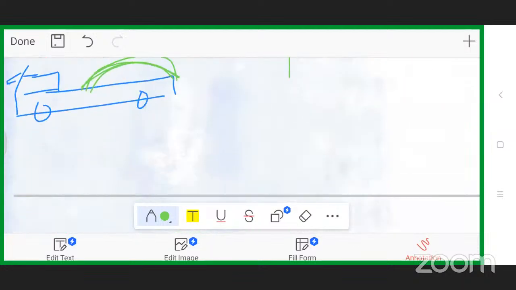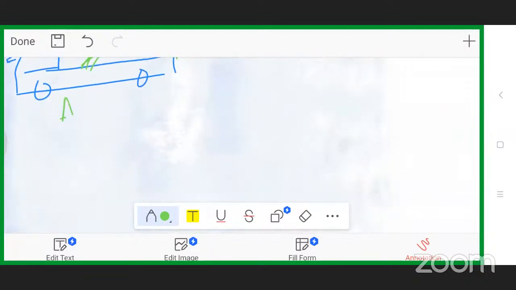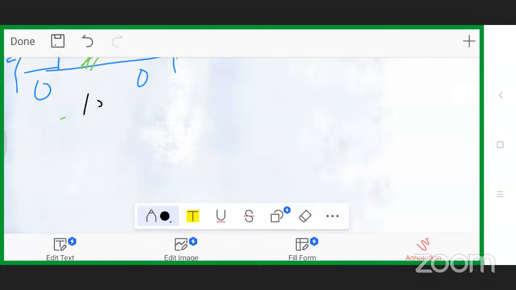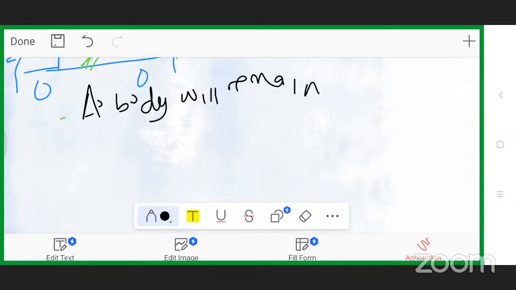So let me write it here. So a body, let me write it here. That a body will remain in its state, remain. No, it's not coming. It's not writing well properly. Let me erase. So a body will remain in its state of rest, or remains in its state of rest, or uniform.